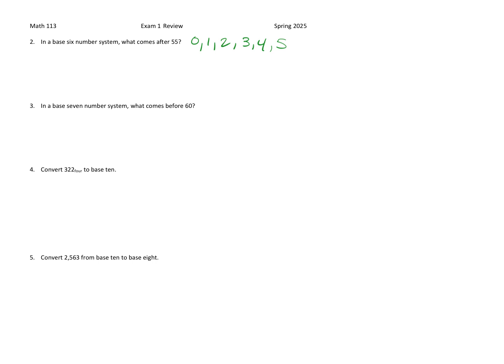So after 55, if we were in base 10, we would say 56, but there is no 6, right? So we have to go to the next place value and we would say 60, but there is no 6. So you go to the next place value and it's 100.